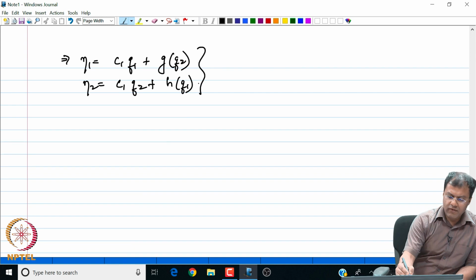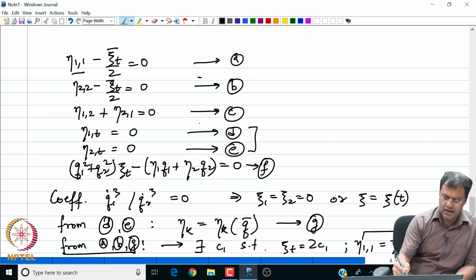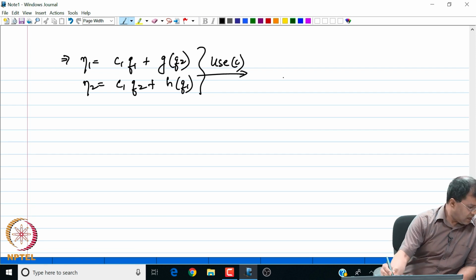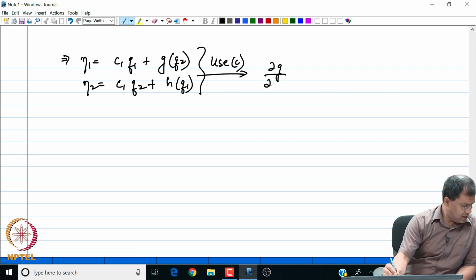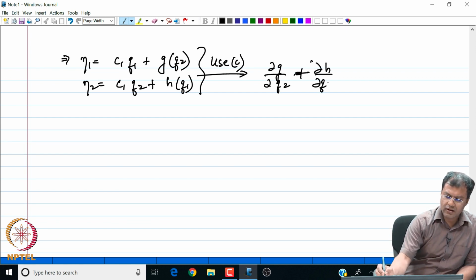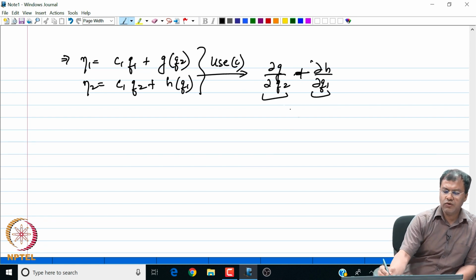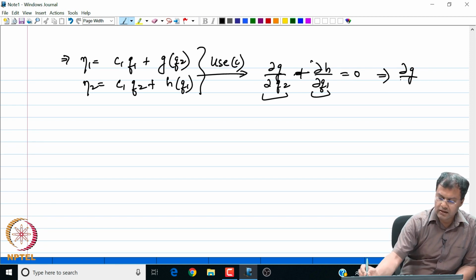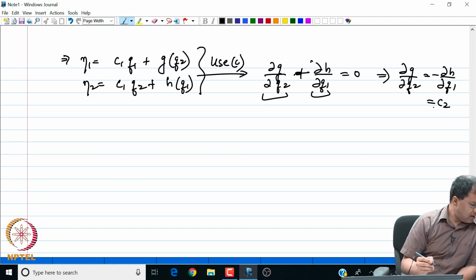So, then if I were to use another relation, let us say C, I can conclude further. If I were to use relation C, I see that del g del q2 plus del h del q1 equals 0. Well, one is a function of q2, the other is a function of q1, both equated to 0, implies both are constants, implies del g del q2 is equal to negative del h del q1, which is equal to C2, right.